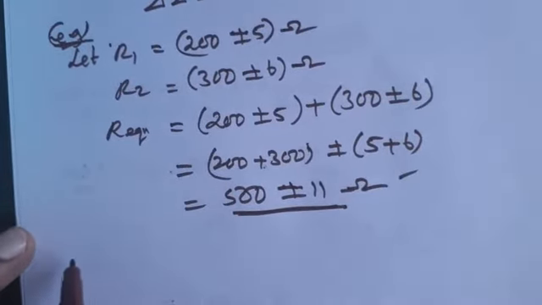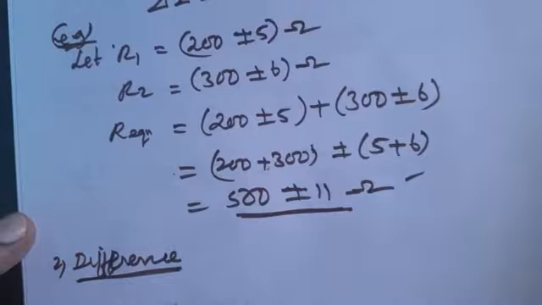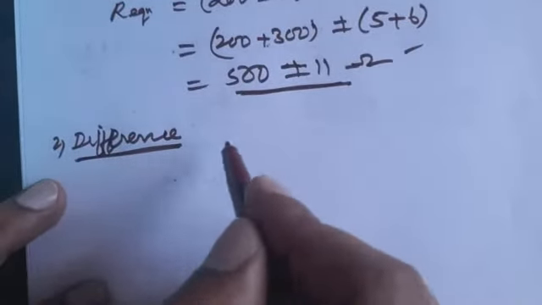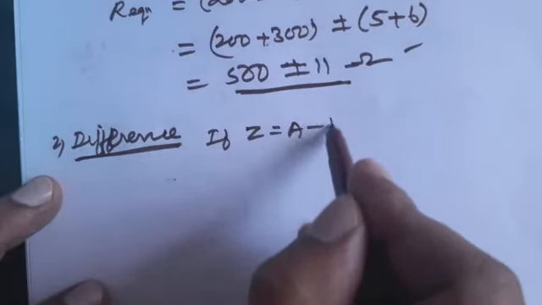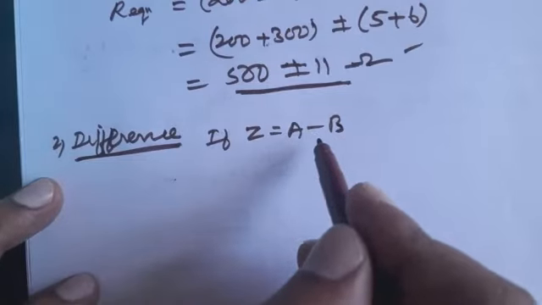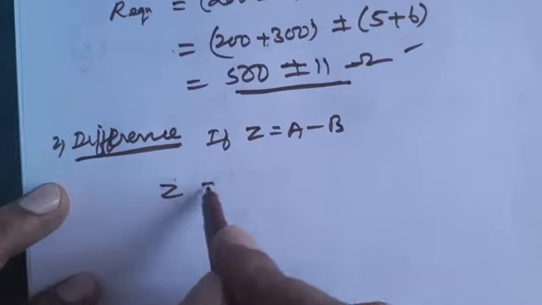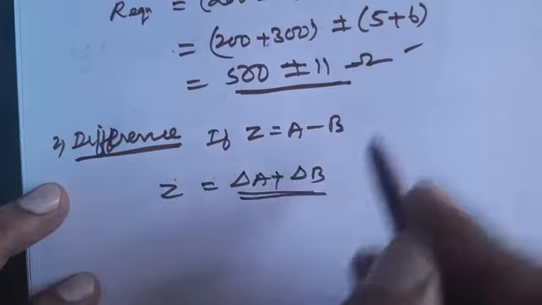We will go for subtraction or difference. In difference, similar to addition, if z equals a minus b, then the maximum absolute error in z is again delta a plus delta b.